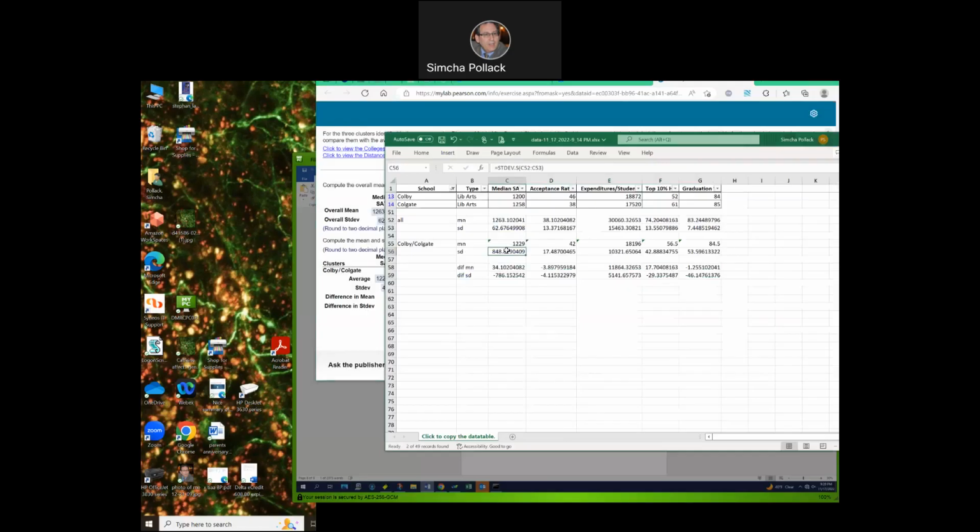We want the standard deviation of, we pulled it down, so we still want it to be C52 and C53. Oh, sorry. Okay, this should be C13 and C14.